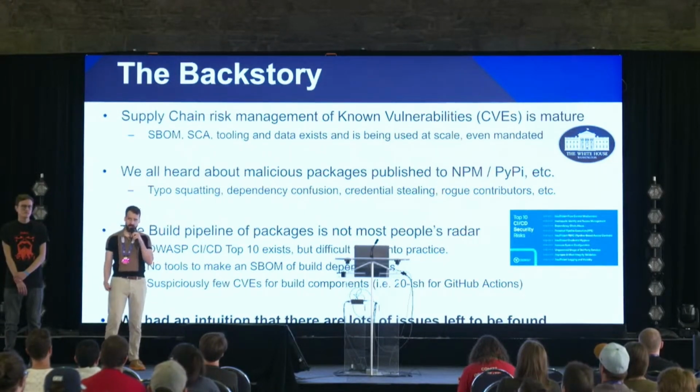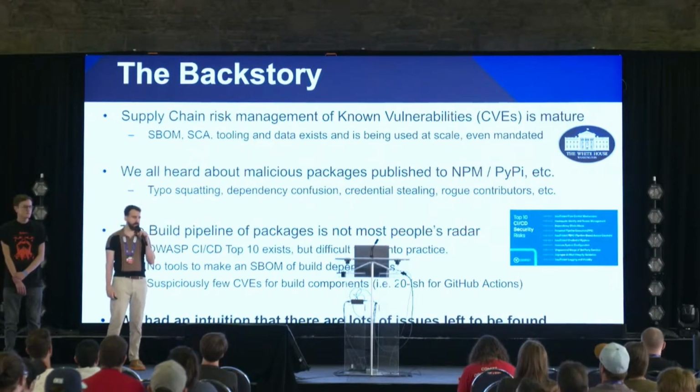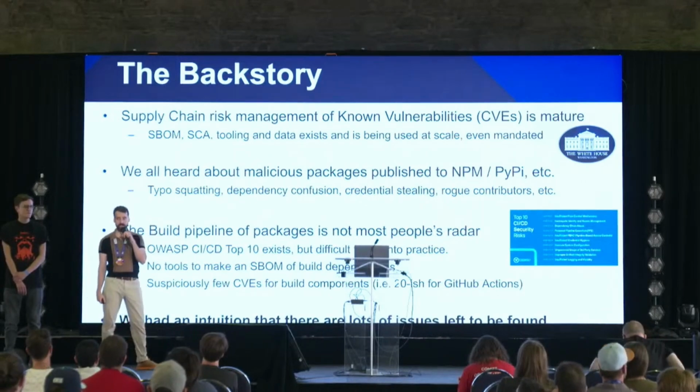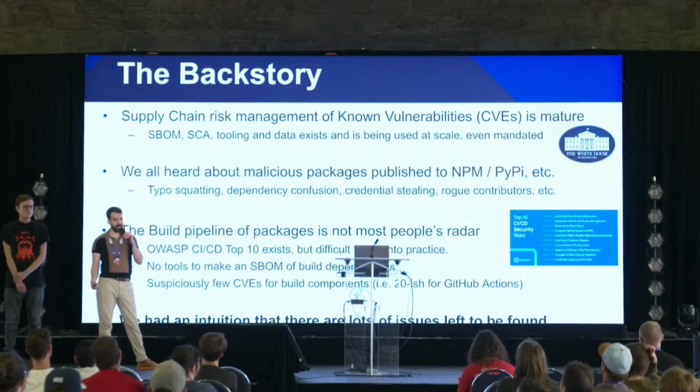What we're interested in, in our research, is really the build pipeline of those open source packages, because we think it's not as much on most people's radar. There are a number of initiatives in the past years, such as the OWASP CI/CD Top 10, which covers that aspect, but it really doesn't provide much concrete remediation guidance.